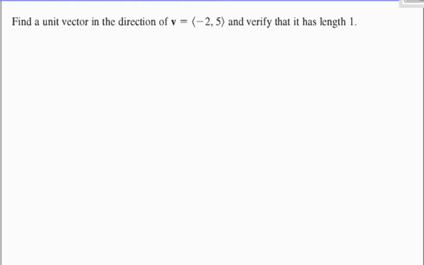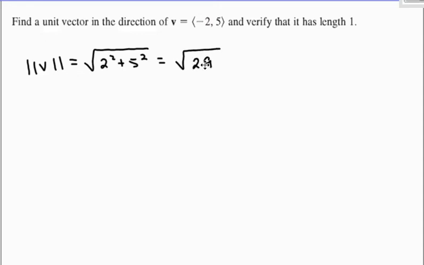Find a unit vector in the direction of v equals -2, 5, and verify that it has a length of 1. All right, well, to find the magnitude of this vector, I'm going to take the square root of 2 squared plus 5 squared. And I'm going to get the square root of 29.